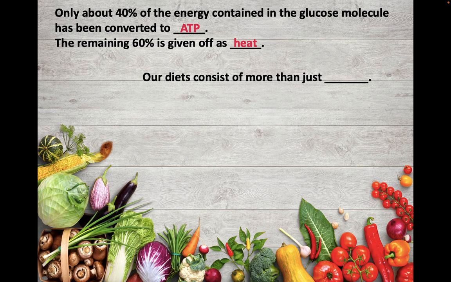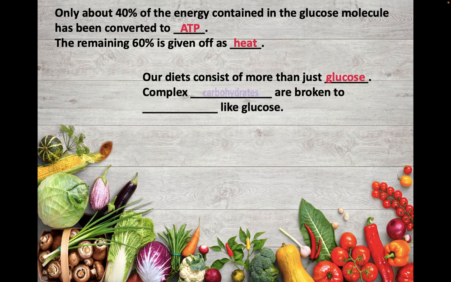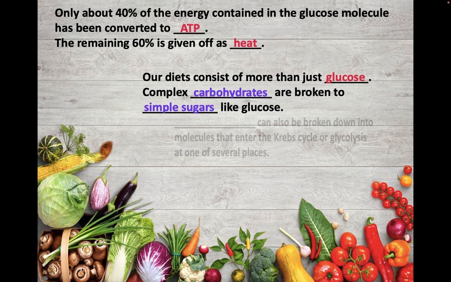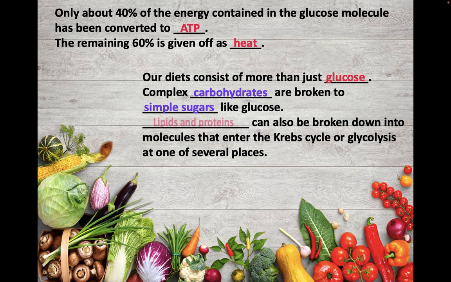Our diets consist of more than just glucose. Complex carbohydrates like our starches, our breads, are broken into simple sugars like glucose. We talked about this in the macromolecules unit, where we have the complex carbs and the simple sugars. Those are basically all going to be broken down. Lipids and proteins can also be broken down into molecules that enter the Krebs cycle or glycolysis at one of several places.